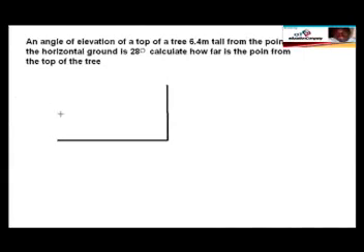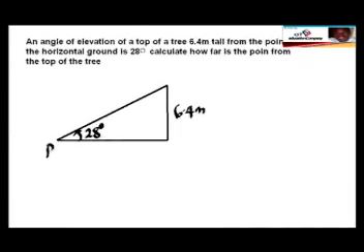So the angle of elevation from that point to the top of the tree, we talk about this angle here, is 28 degrees. The tree is 6.4 meter tall, so this is 6.4 meter.